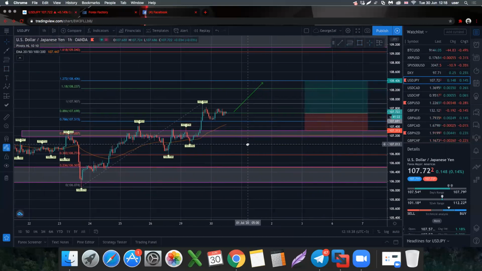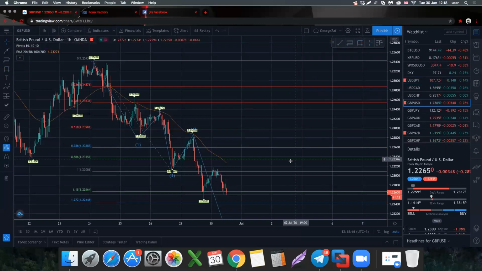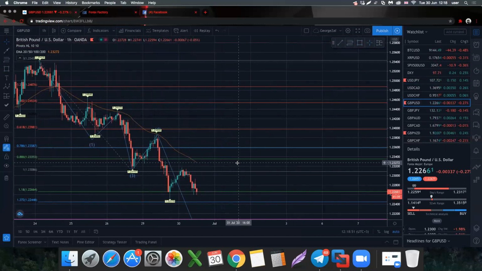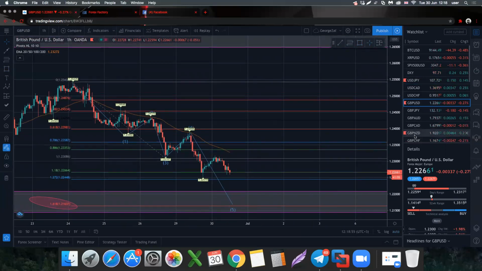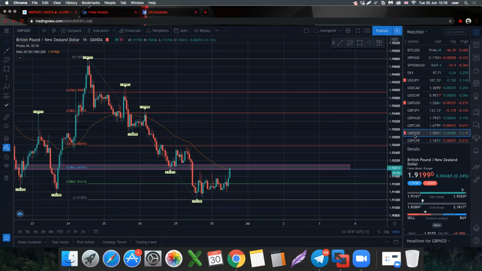Okay, USD JPY, keep an eye on JPY. It's a no trend. GBP USD, definitely a downtrend. GBP NZD, I told you that we are waiting because it may pass the EMA and reverse to an uptrend, so we are not getting in.